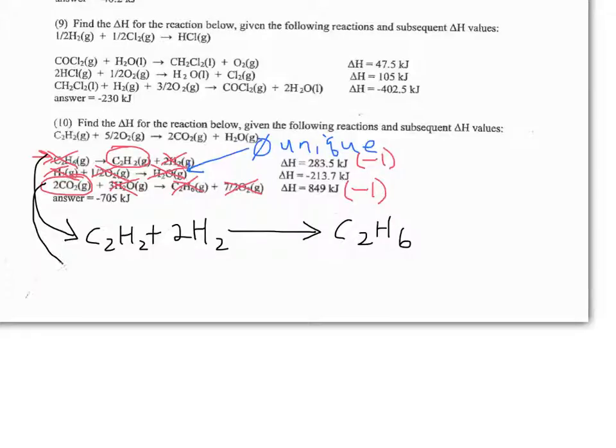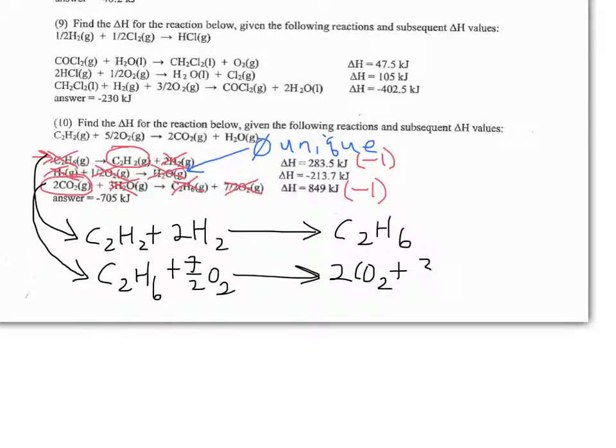We're going to do the same thing here with this third equation. So C2H6 plus 7 halves O2, and then the reactants are now the products, so that's 2 CO2 plus 3 H2O.